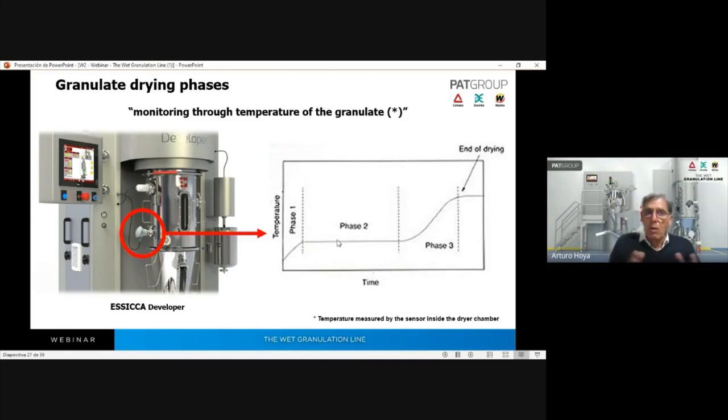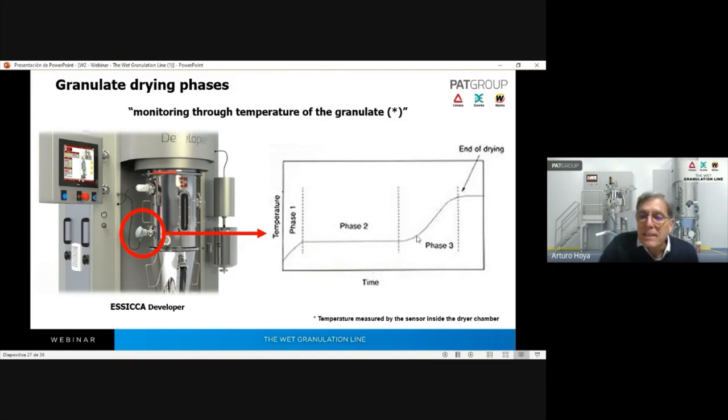But when the excess of water or the solvent is removed, then the temperature of the air path that this device monitors begins to increase.